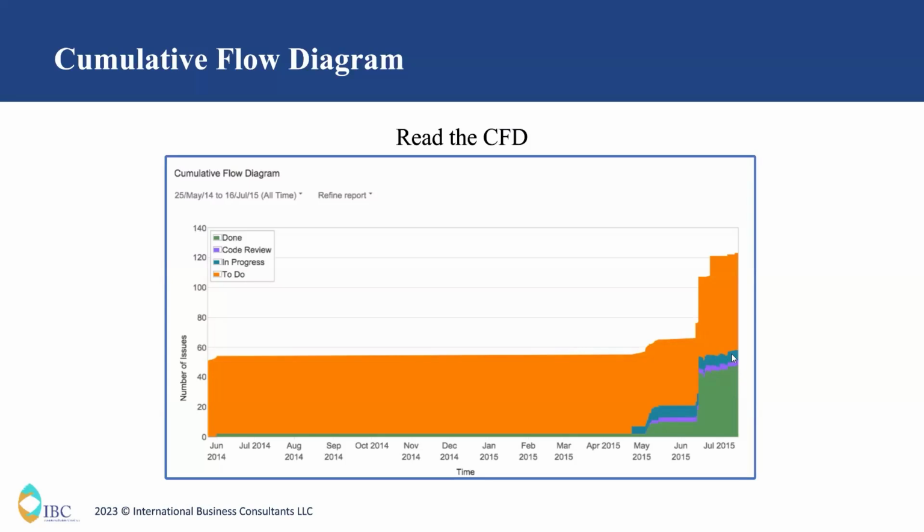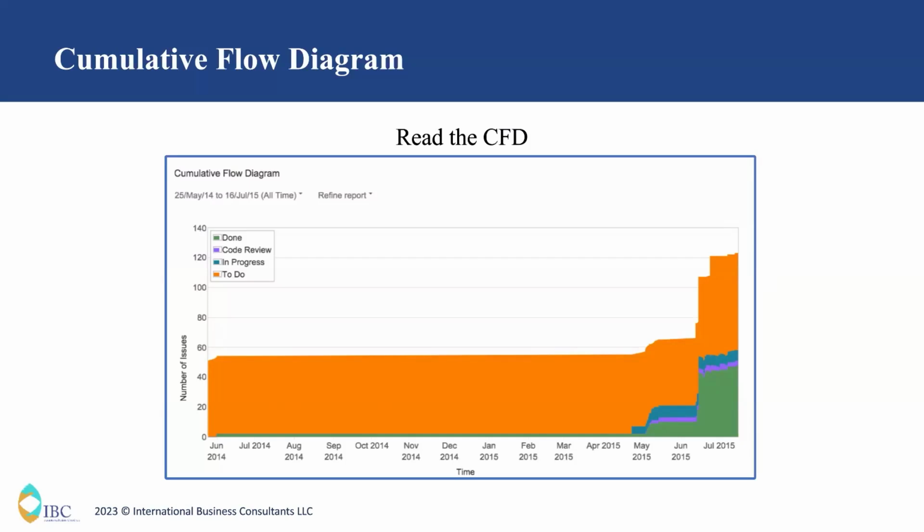The team is completing nearly 50 issues, but has planned or committed to nearly 120 issues. What insights can you get from this cumulative flow diagram? The team doesn't have the capacity to do the committed work, and the team also over-committed without even completing the initially committed issues. This is how, by reading the chart, you should provide insights to your team.